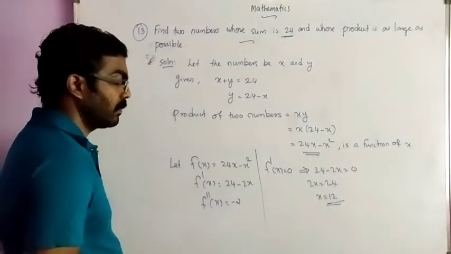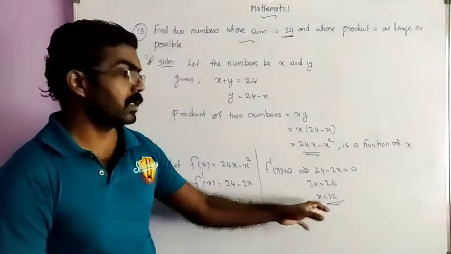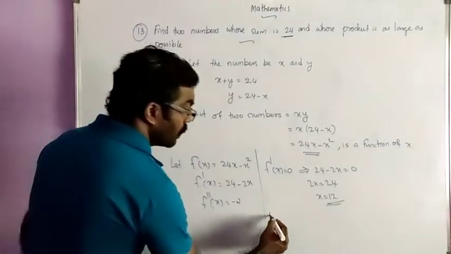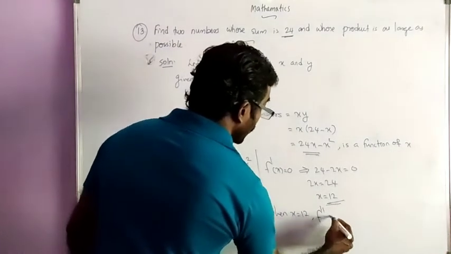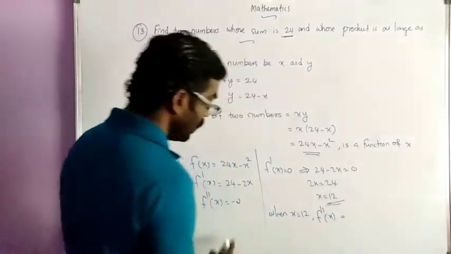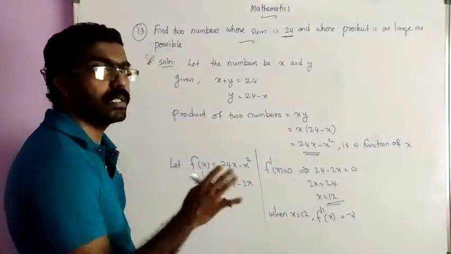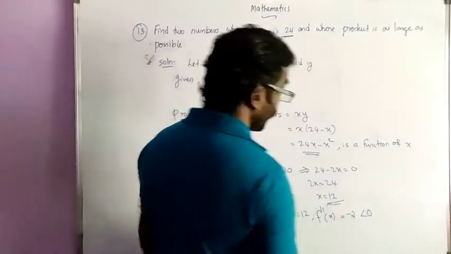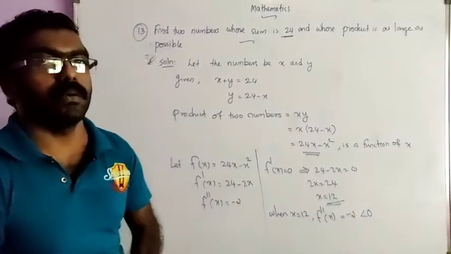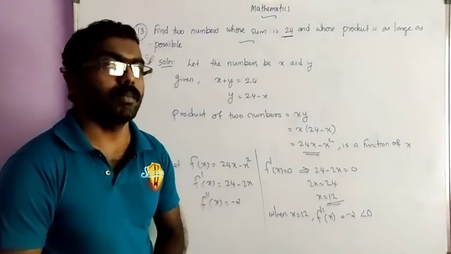Now we have to check whether f double dash of x is positive or negative when x is equal to 12. So when x is equal to 12, f double dash of x is equal to minus 2. Here there is no variable, so the number itself is minus 2, and clearly it is less than 0. So f double dash less than 0 means the function has a maximum value.